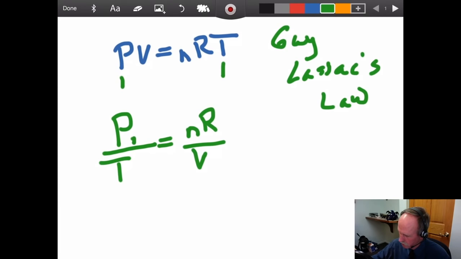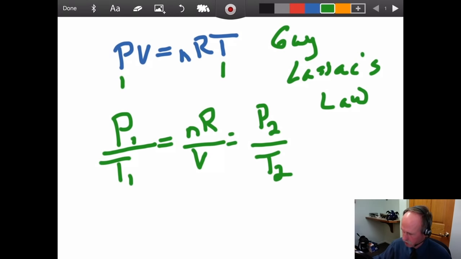We also know that P1 over T1 equals nR over V, and P2 over T2 also equals nR over V. So getting rid of the constant in the middle, we have P1 over T1 equals P2 over T2, and that's Gay-Lussac's law.